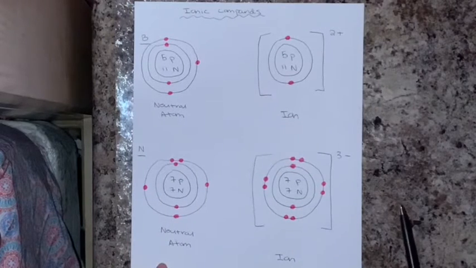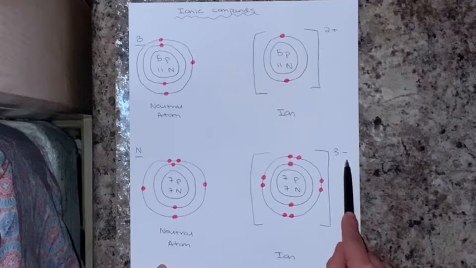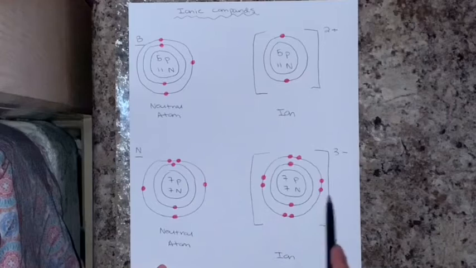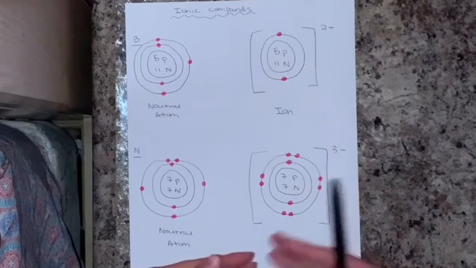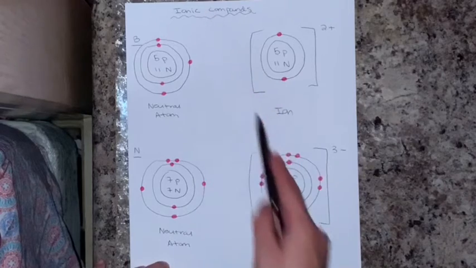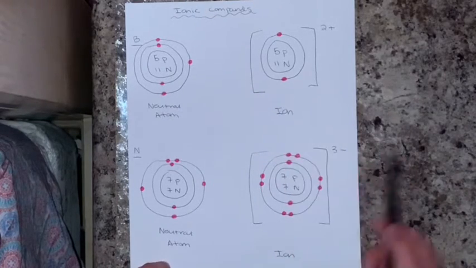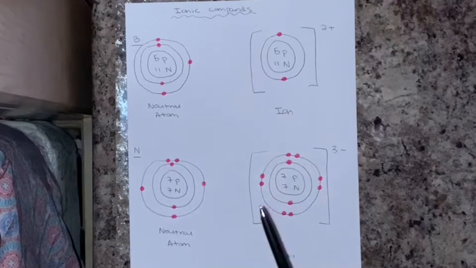And here we have nitrogen's ion, which has a charge of -3, and it got a charge of -3 because it gained 3 electrons in order to complete the octet rule. And so we are going to create an ionic compound between boron's ion and nitrogen's ion, because they are oppositely charged ions.